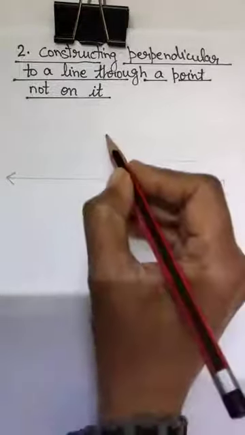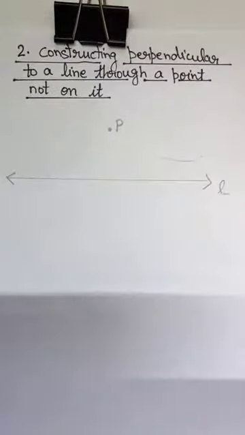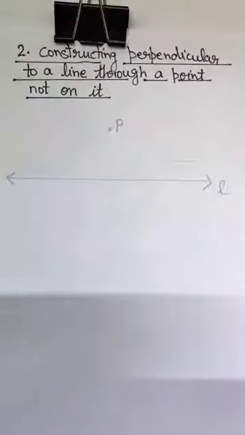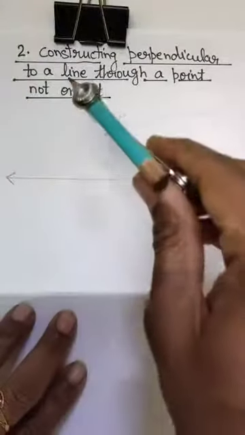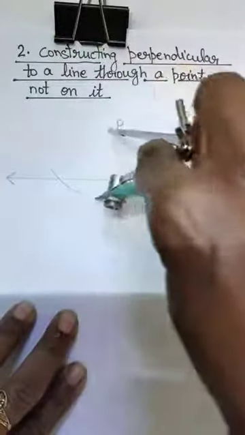Let us mark it here. Now with P as a center and taking suitable radius, draw an arc to cut line L at 2 points A and B. Same as we have done in the first. Only the difference is that in the first, the point is given to us on line L and now the point is outside.